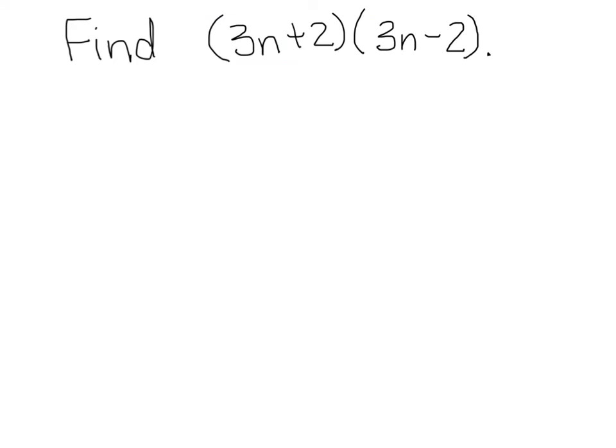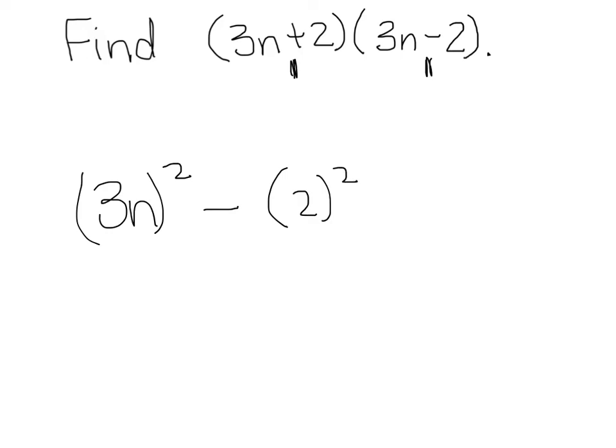Now I'd like for you to try one of these to see how you do. Okay, let's look at this one. We've got 3n. Going to square that 3n. Since we have a positive times a negative, that's going to be a negative 2 squared, and we'll have 9n squared minus 4.